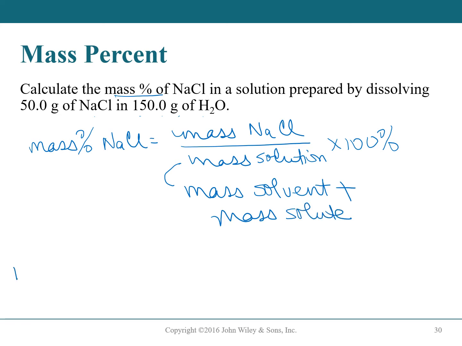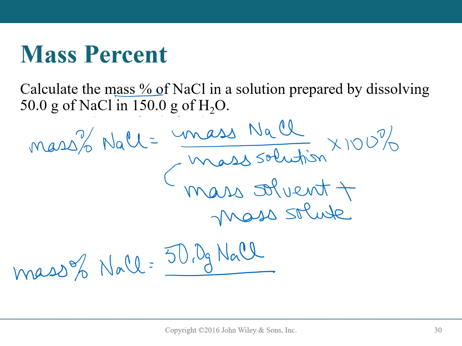Okay, so the mass percent of sodium chloride in solution is equal to 50 grams of sodium chloride divided by the sum, so 150 grams, this is from the water, plus the 50 grams that's from my sodium chloride. This is all times 100%.